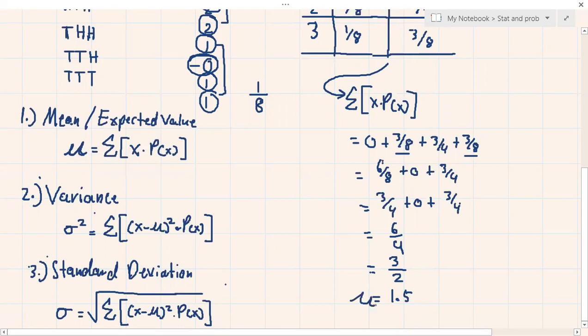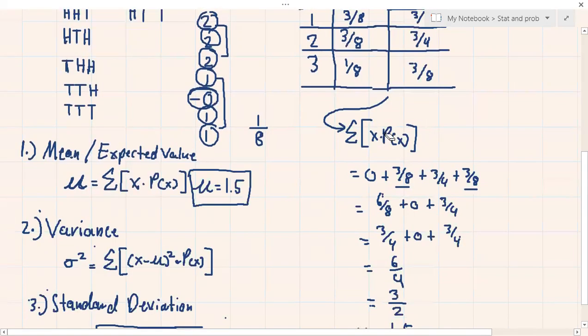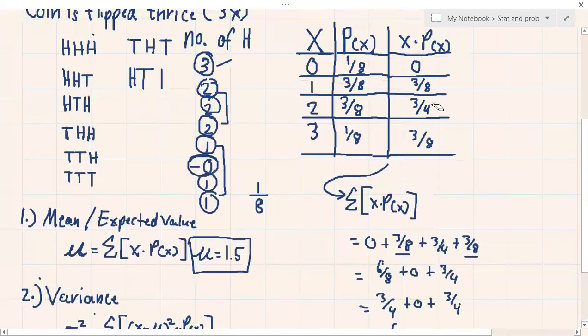So, yan yung mean mo. Your mean is 1.5. Ayan. O, diba? So, that's it. Okay? Now, ano gagawin ko? I-erase ko na to, guys, ha? So, basta i-add nyo lang to, itong sa third column na to, lahat ng values para makuha mo si mean. Okay?